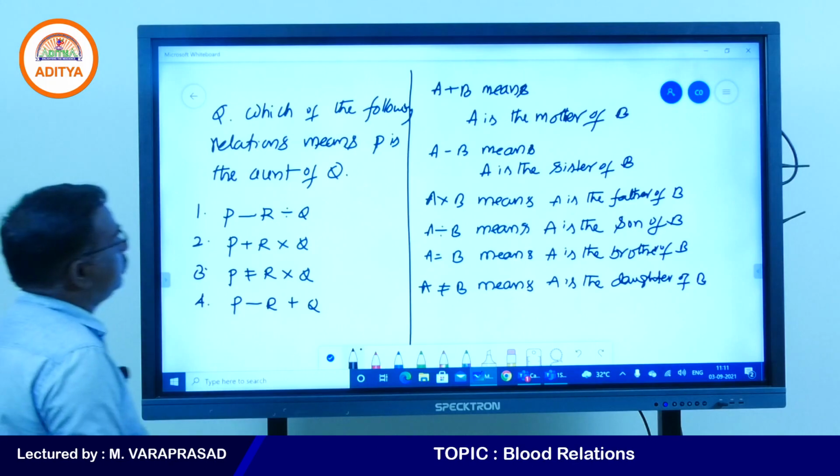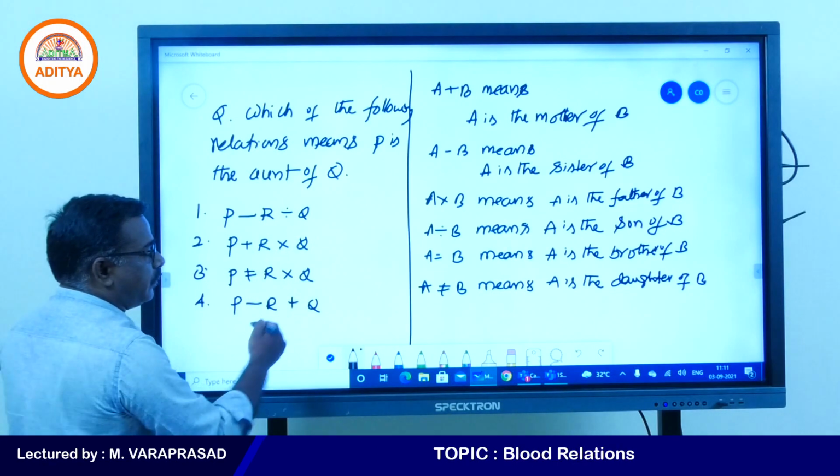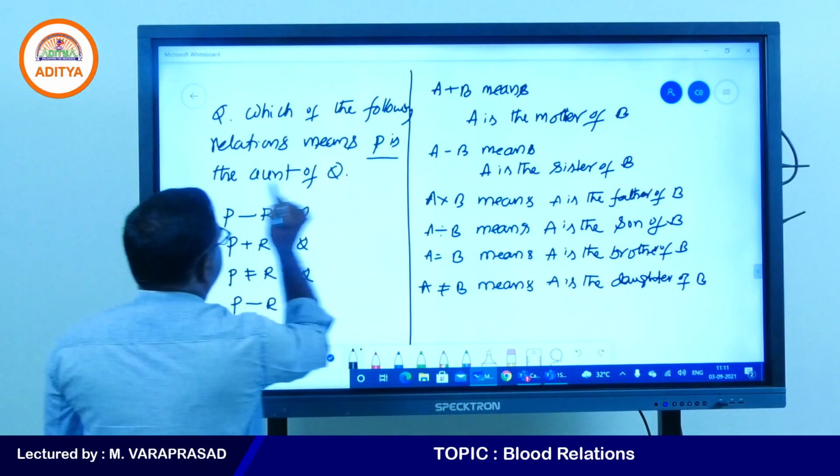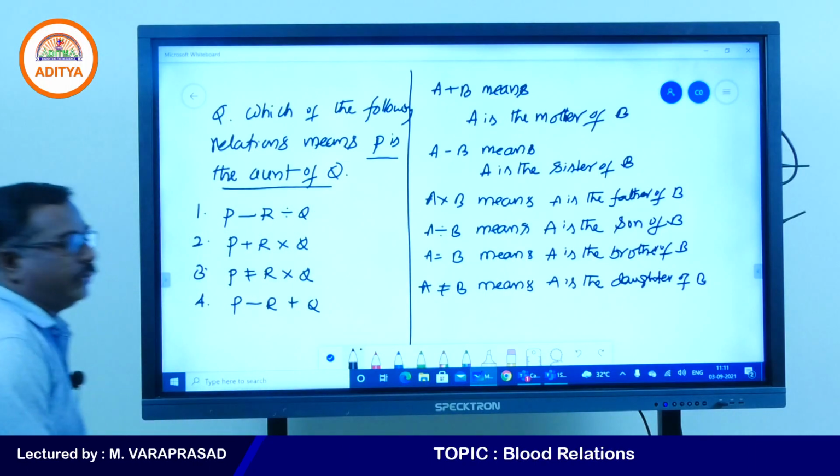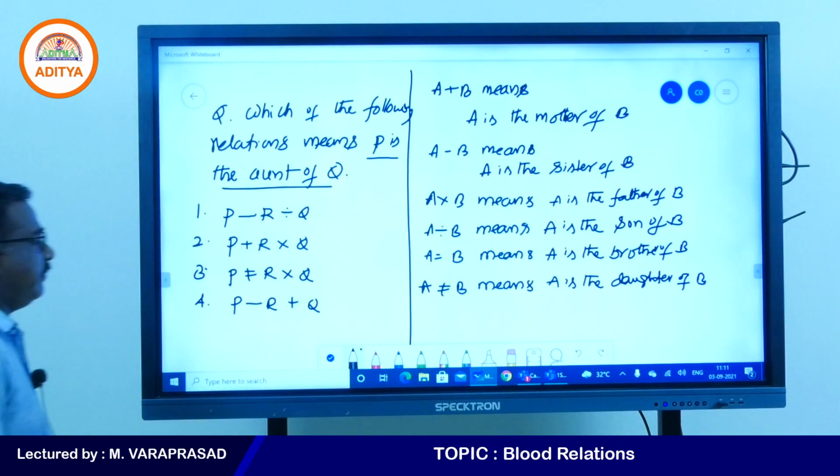Now see which of these four relations will give P is aunt of Q. Let me know which relation defines this.